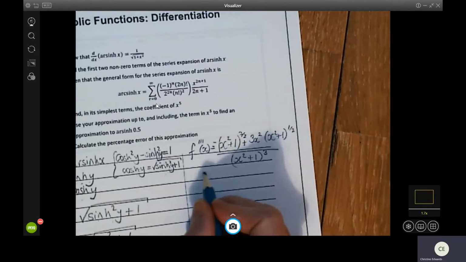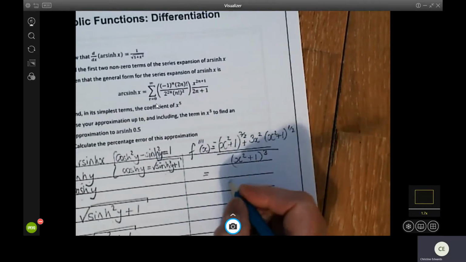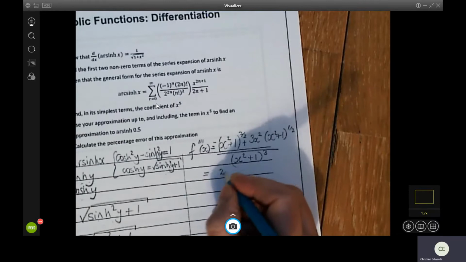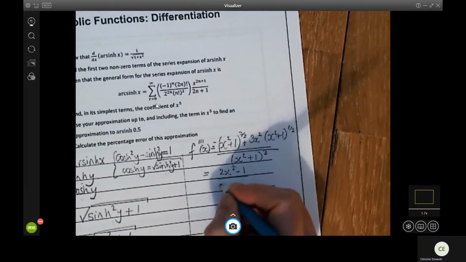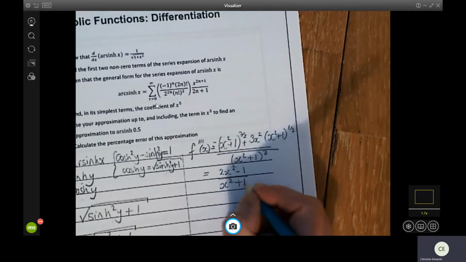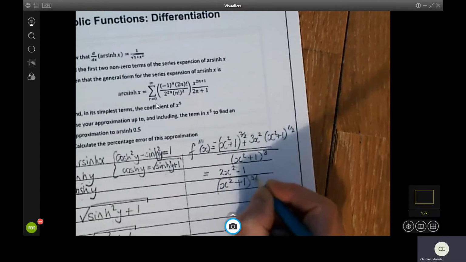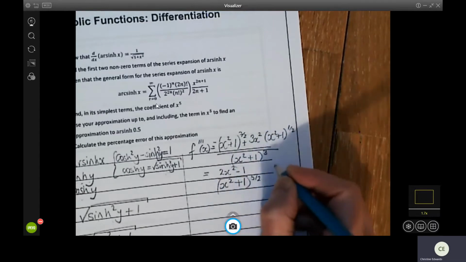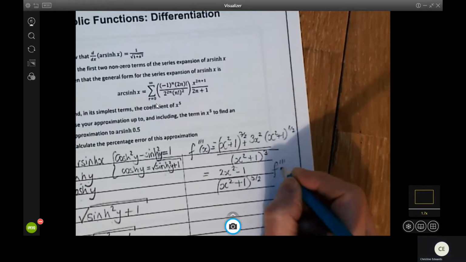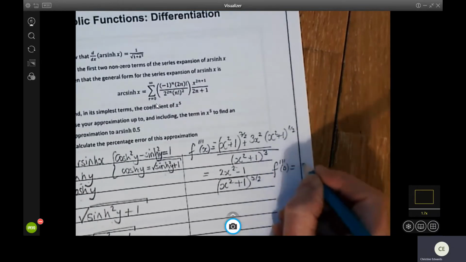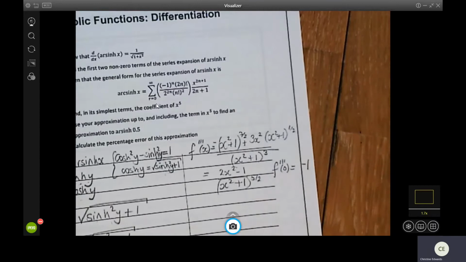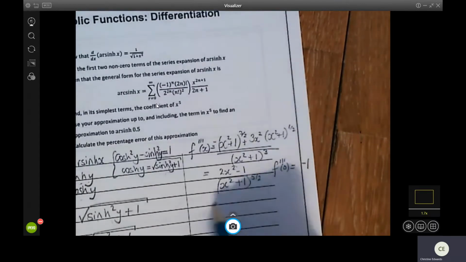Now, with a few more lines of algebra, this will all simplify down to 2x squared minus 1 over x squared plus 1 to the 5 over 2. And if I sub 0 into that, I get minus 1. So I found the two non-zero terms.